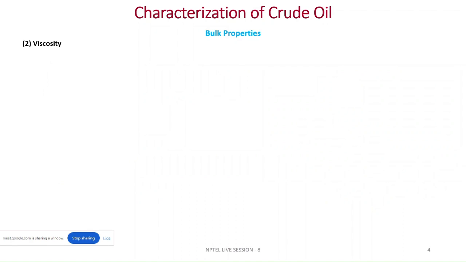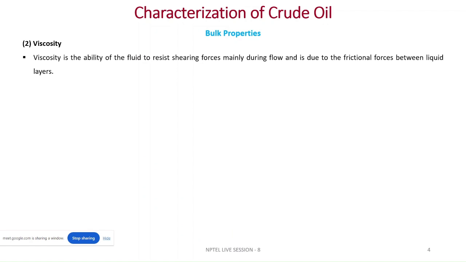The next property is viscosity. It is also considered to be one of the bulk properties of the crude oil. We all know what viscosity is. It is the ability of the fluid to resist shearing forces, mainly during flow, which is caused by the frictional forces between liquid layers.